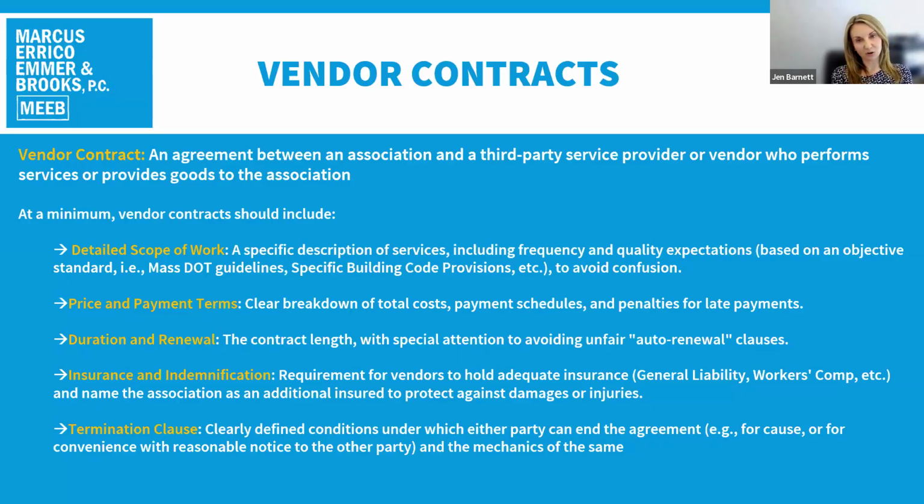Insurance and indemnification. You want to make sure that if you're having a contractor on site, that they are licensed and insured. Double check. You can do this by going to the state's websites and looking up the contractor's registration on the Secretary of the Commonwealth's website. There's a corporations page where you can look up the status of the corporation.